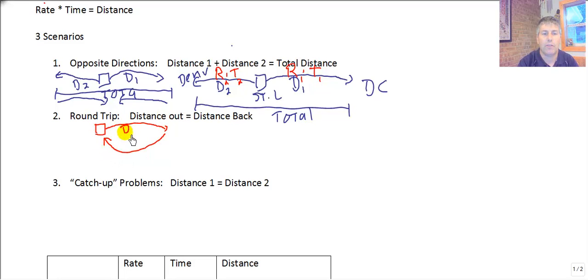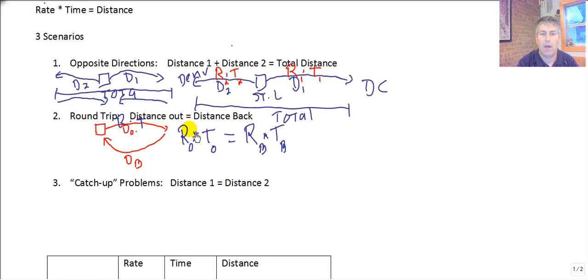So your distance out equals your distance back. And of course, what is distance but rate times time? So we're going to look for your rate times time out and set it equal. So your rate out times your time out is going to equal your rate back times your time back.